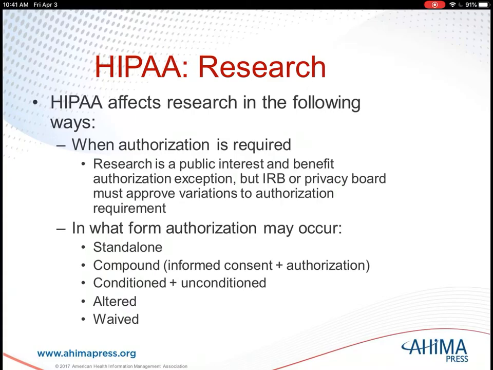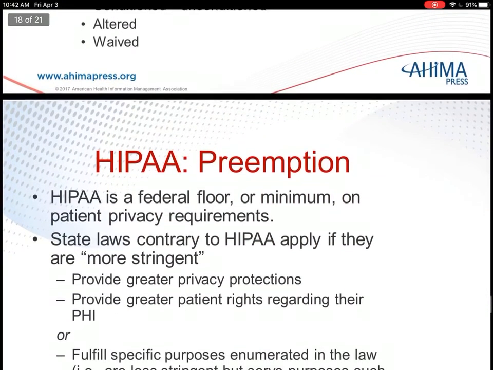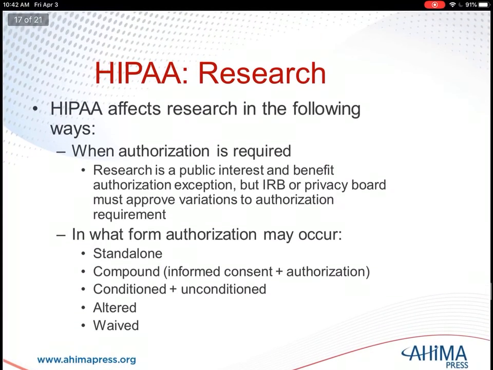All right, and then we don't have bold terms for altered and waived. Those were up in the top section. So again, altered is missing one or more of the standard elements, and then waived means that there's no authorization. All right, let's see what's next.